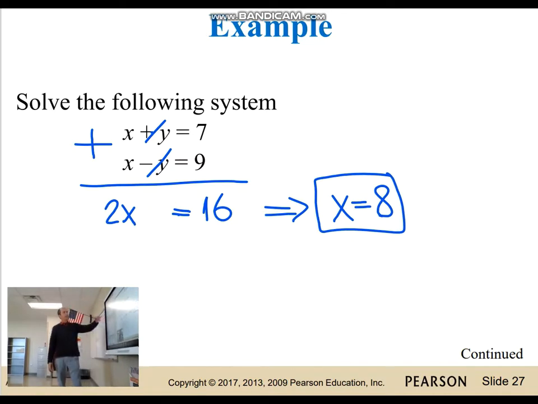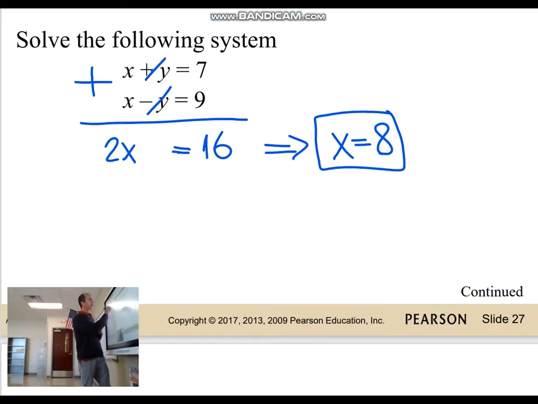We can do this. The objective is, after you add, you're going to eliminate one of the variables and keep just the other variable, to be able to simplify and find the answer for this variable. Now you plug in into the equation. Let's say you can plug in into either the first or the second one. Let's say the first one, x plus y equals 7, right?